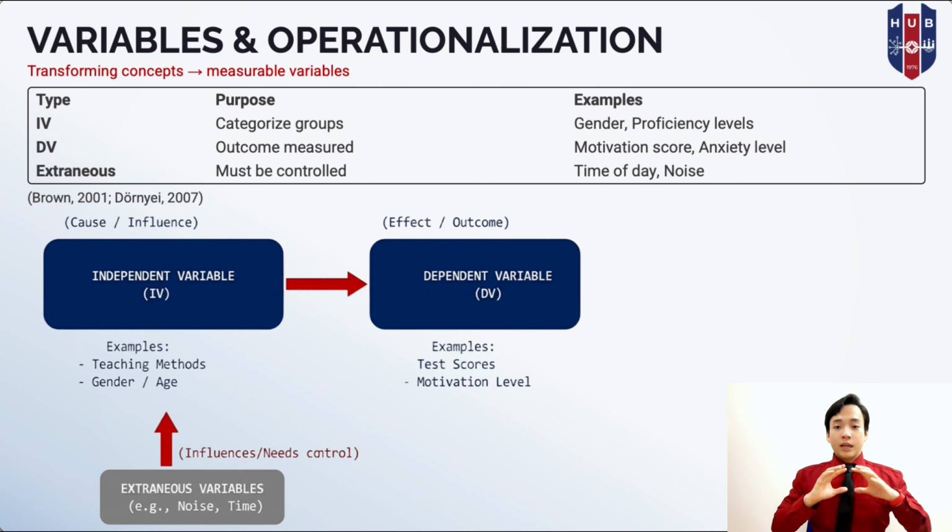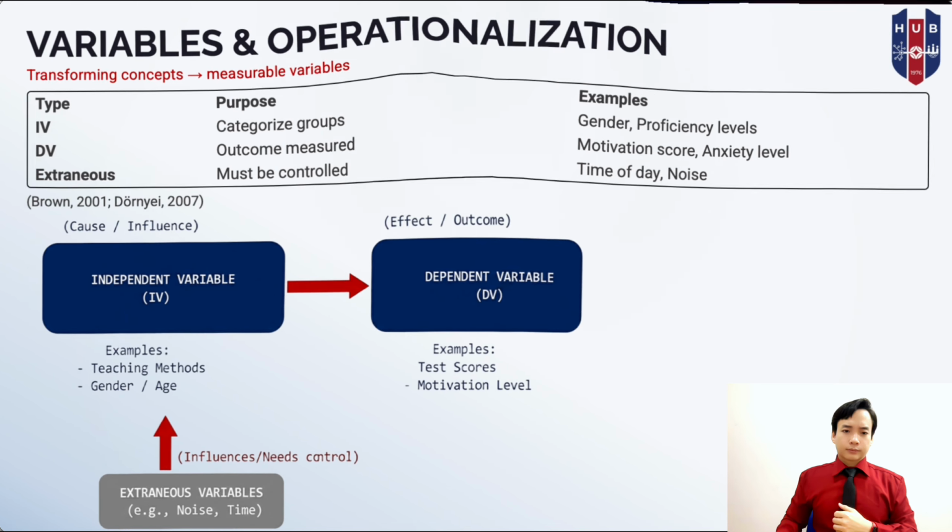Finally, we must be careful with extraneous variables like classroom noise, the test stress. If we don't control them properly, they can sometimes disturb our results. This process of defining and measuring variables is called operationalization, and it is essential for designing effective questionnaires.